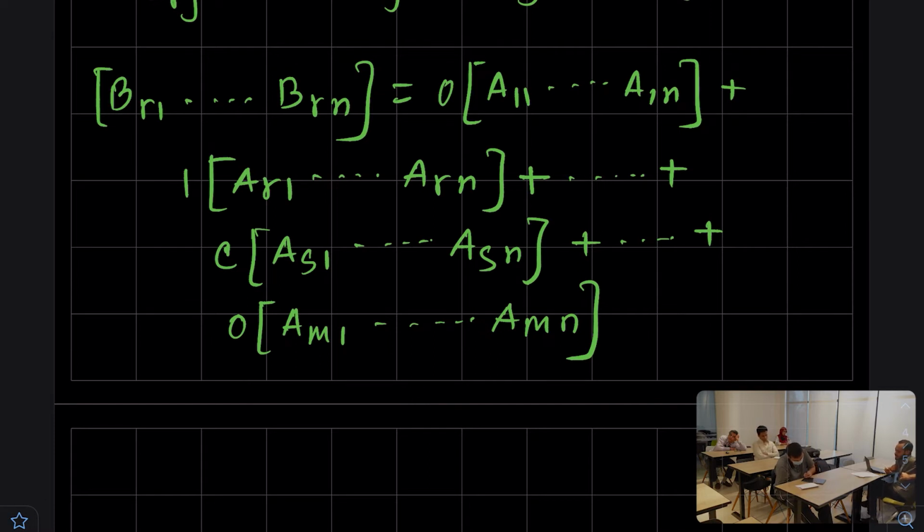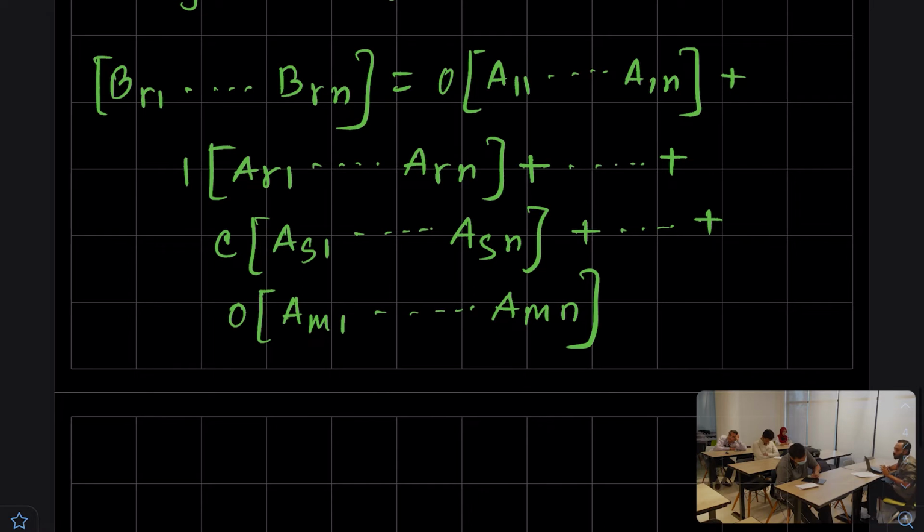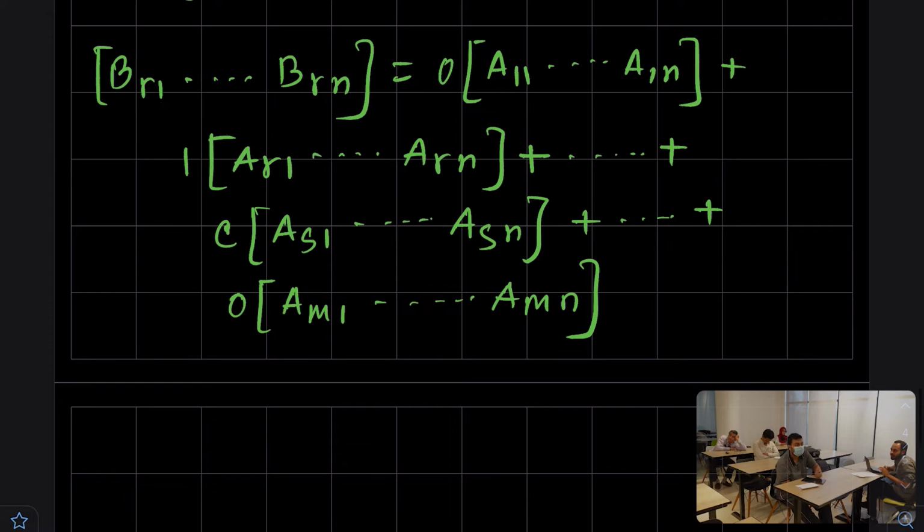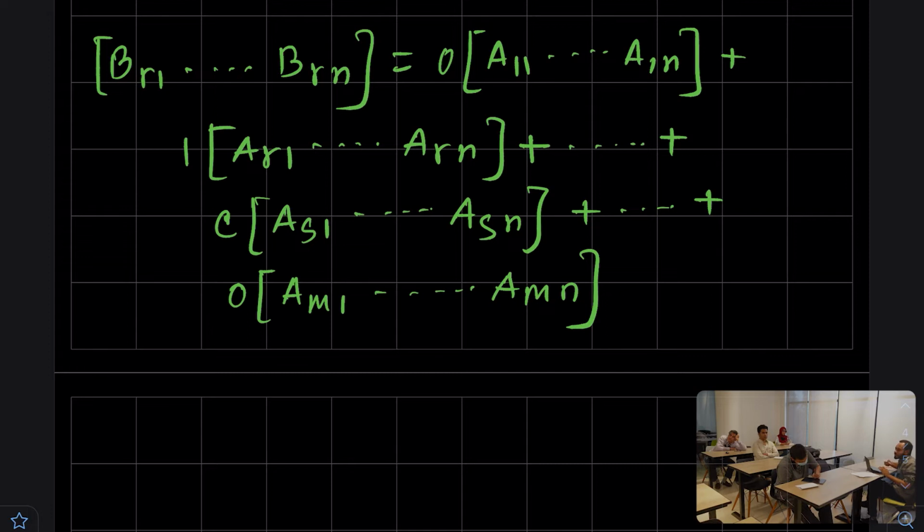So that means I can write the rth row of matrix B in this fashion, right? What I am actually doing here is taking the linear combination of the rth row of A and the sth row of A, right?